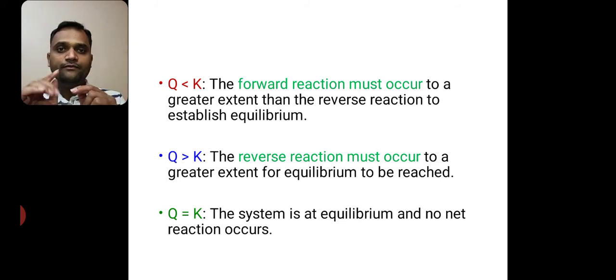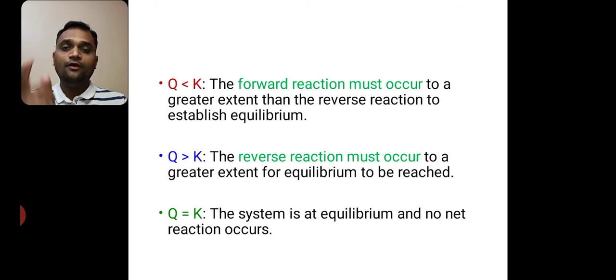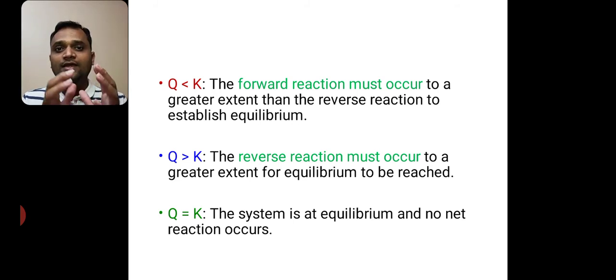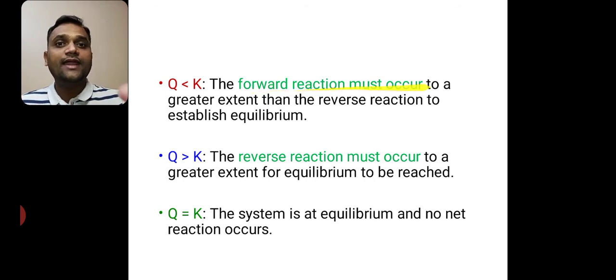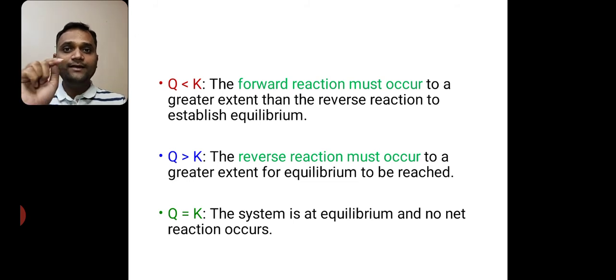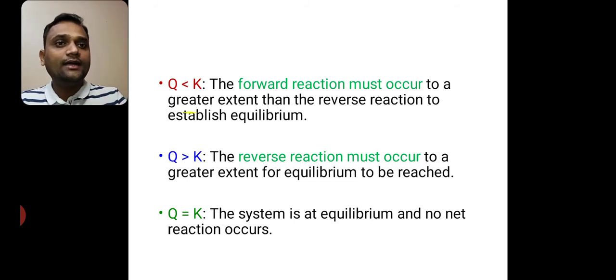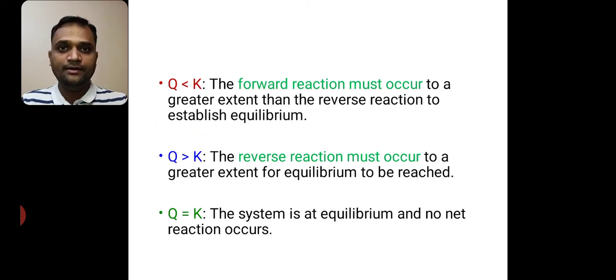So when we go from A to B, it is a forward reaction. Now when Q is less than K, that is, the equilibrium constant has a higher value than the reaction quotient, at that time the forward reaction must occur, that is, A will give us B to a greater extent than the reverse reaction to establish equilibrium. This is the first condition.